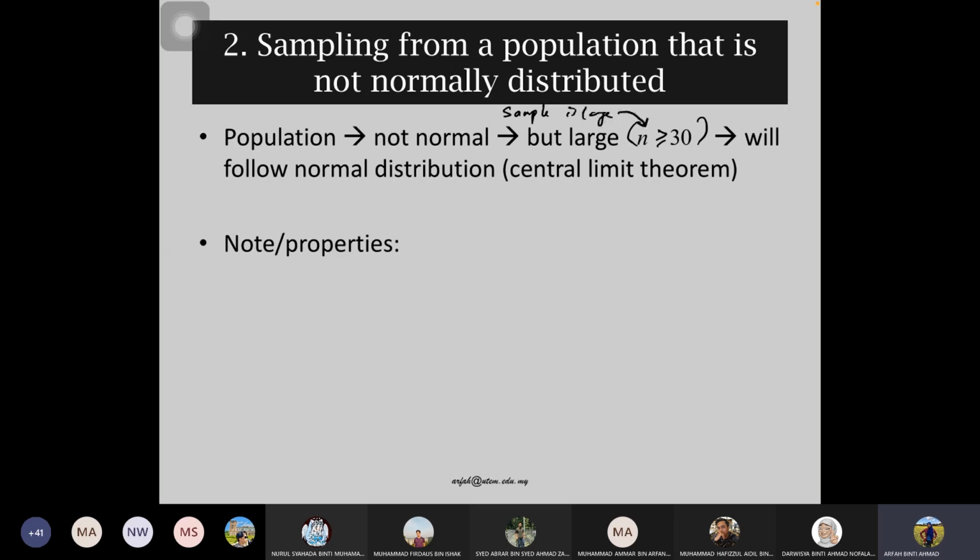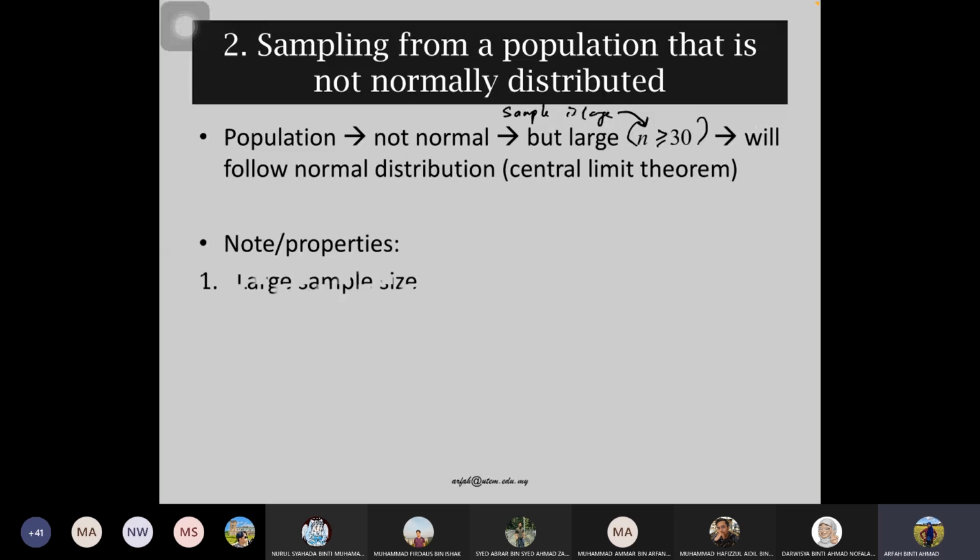Kalau population follow normal distribution macam yang case sebelum ni, kita tak kisah sample tu besar atau kecil. Sebab population follow normal, then sample pun akan follow normal distribution. But for this case population tak normal, tapi sample size awak lebih besar or equal to 30, then it will follow a normal distribution menggunakan central limit theorem.